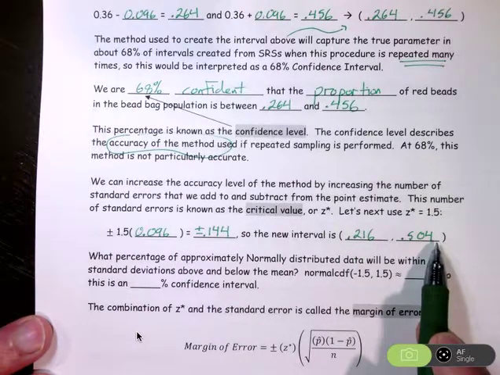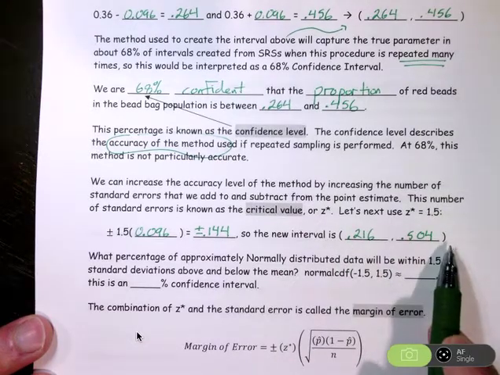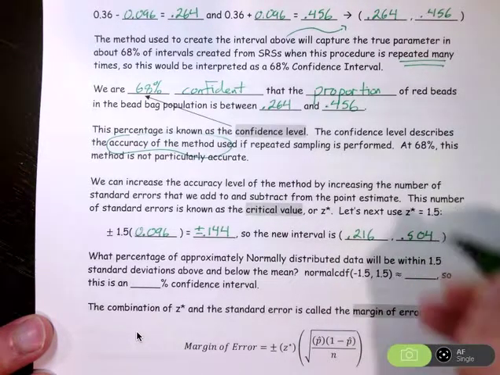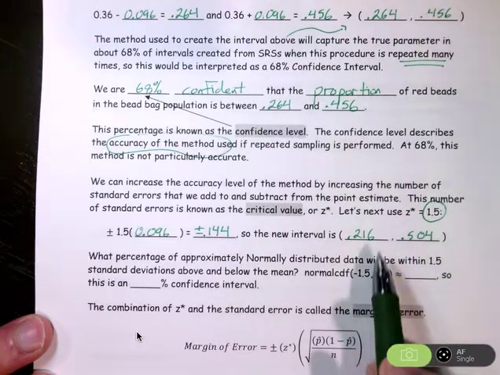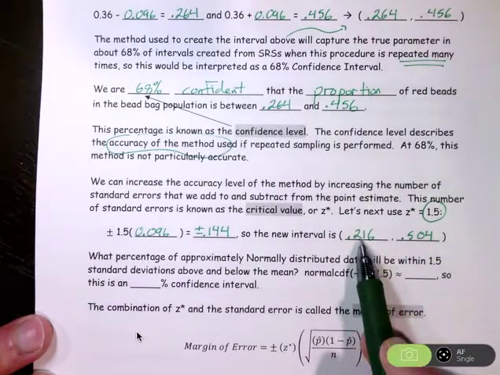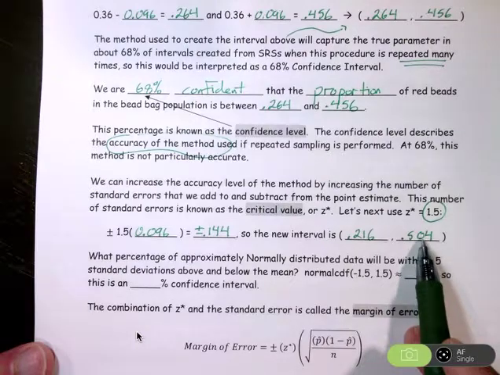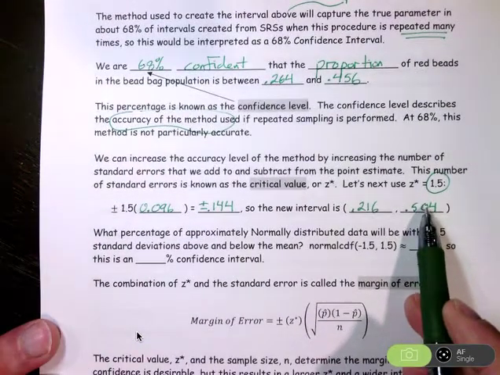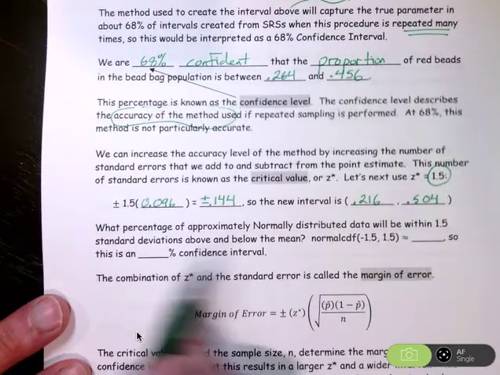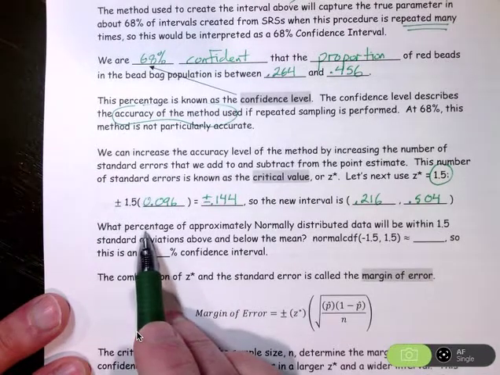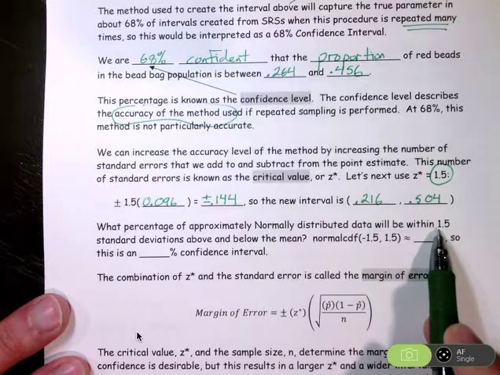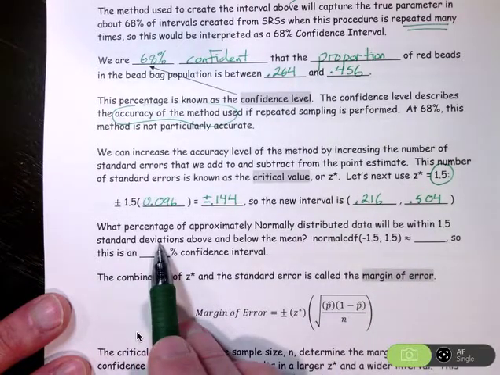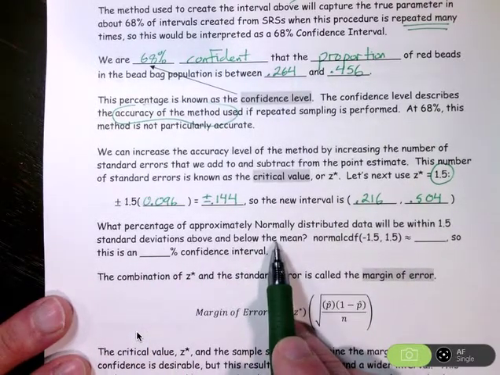So this confidence interval, though, has a different level of confidence because I've used a different number of standard errors in order to create the lower boundary and the upper boundary. So we need to decide what level of confidence this is. What percentage of approximately normally distributed data will be within 1.5 standard deviations above and below the mean?